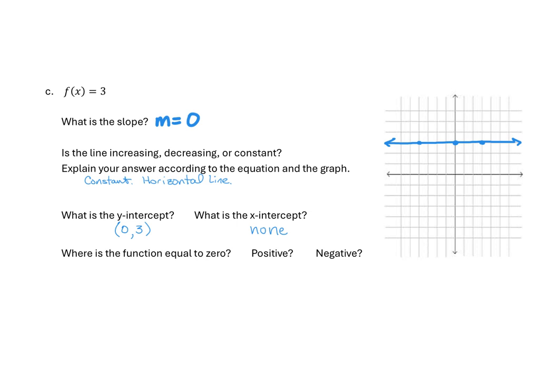Where is it on the x-axis? It's never equal to 0, so we say not applicable. We want to know where is it positive? Where is it above the x-axis? Well, since this line is always at 3, and 3 is always positive, then what we have is -infinity to infinity. No matter what value we plug in for x, it's equal to 3, and 3 is always positive.